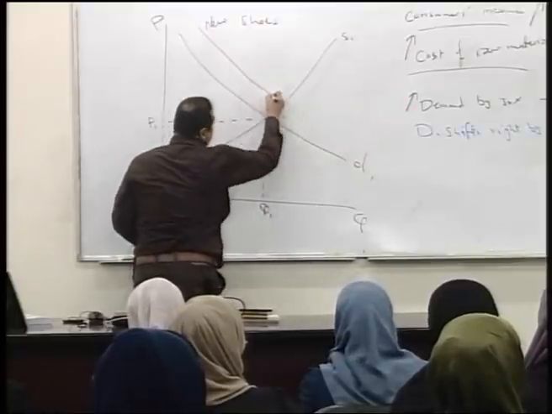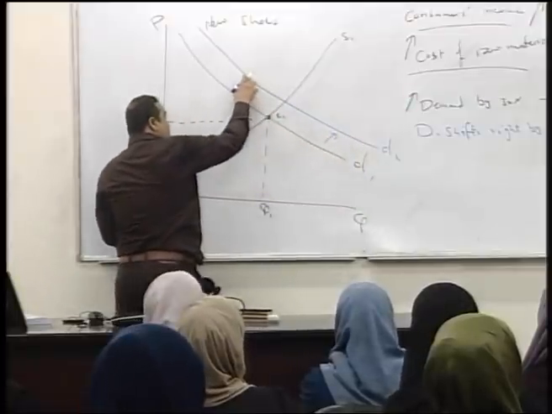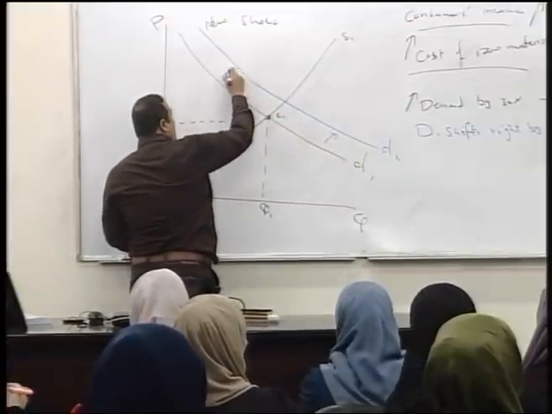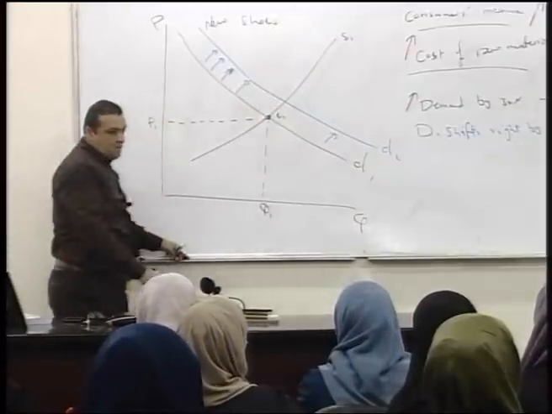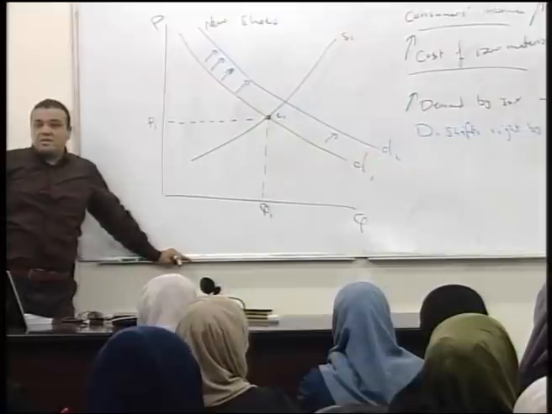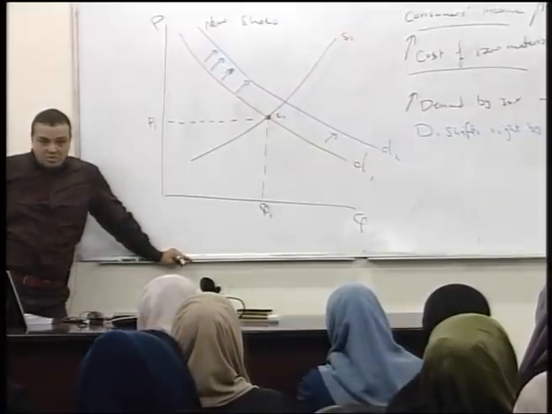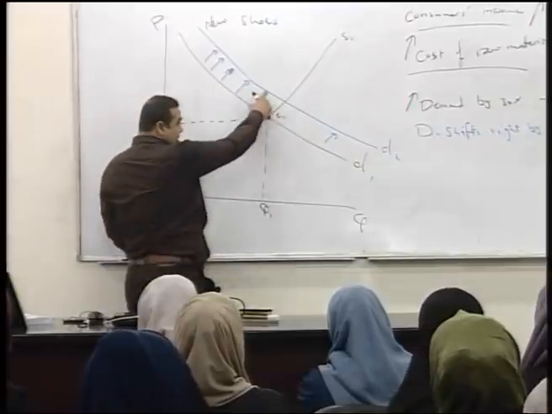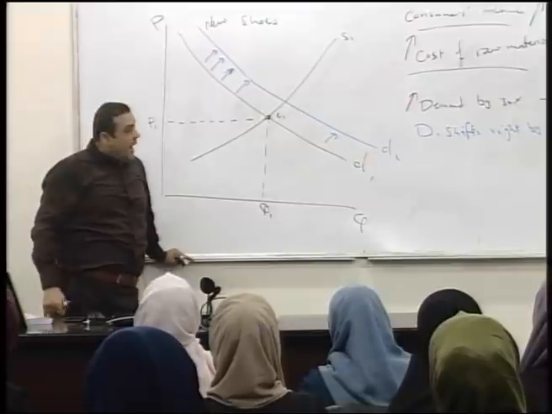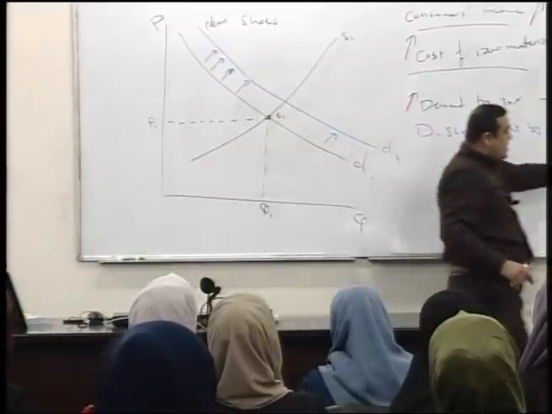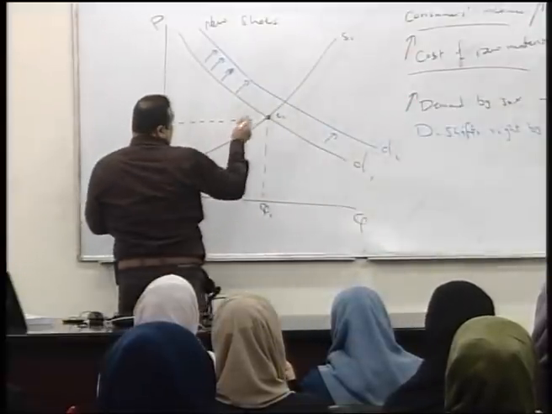So if demand will shift right by 30%, let us assume that this is D2 and this area can be measured by 30%. The magnitude of a change in demand here is 30%. And the supply curve shifts left by 50%. So let's draw here.